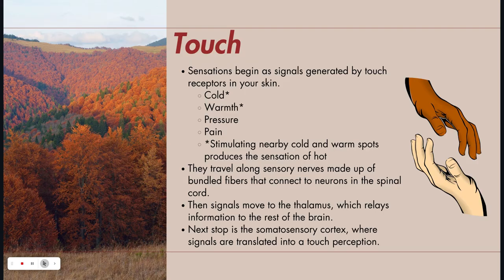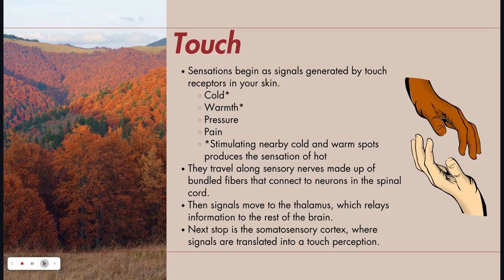The way these work is you have these receptors all throughout our skin, and they send signals via sensory nerves into the spinal cord. Those signals move up to the thalamus, which relays information to the rest of the brain, particularly the somatosensory cortex that we talked about in our next unit.